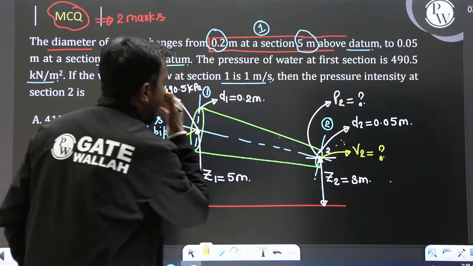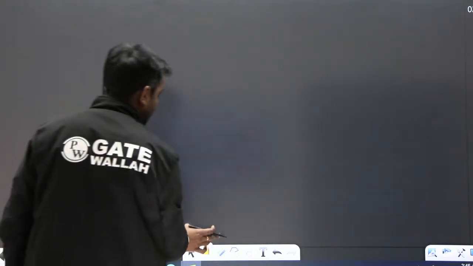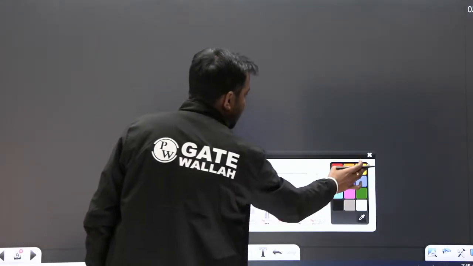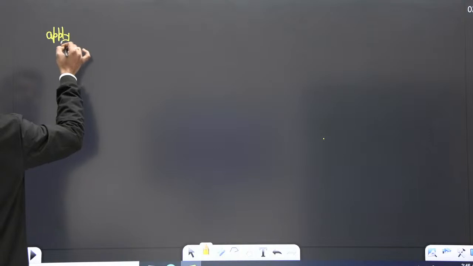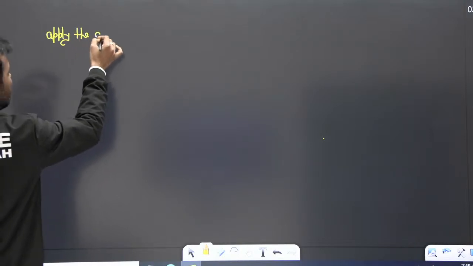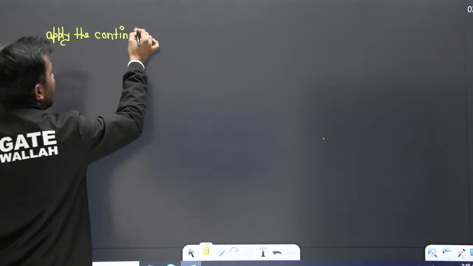So we have the velocity at section 1, so we are just going to apply our continuity equation.